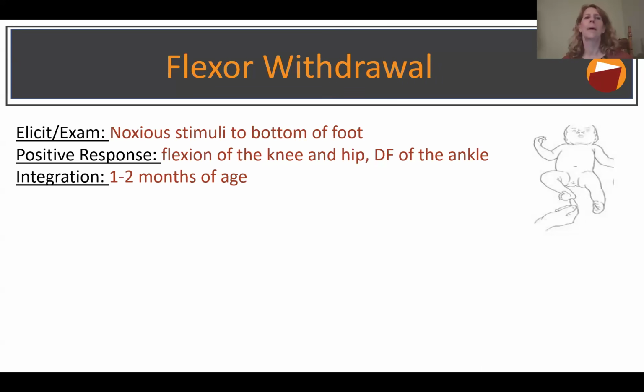Absolutely, right? But when I say integrate, it's not so strong. If I say hold your legs still, and I come and do a little noxious stim, you could prevent that flexor withdrawal, right? So we see this exaggerated response when young, and then it does start to integrate.